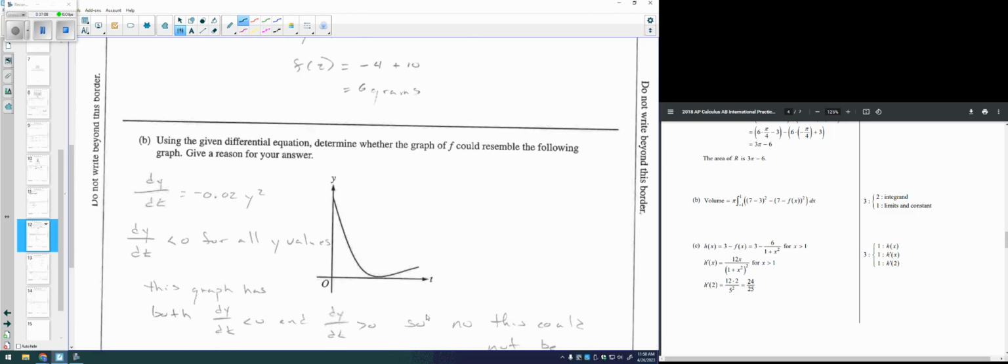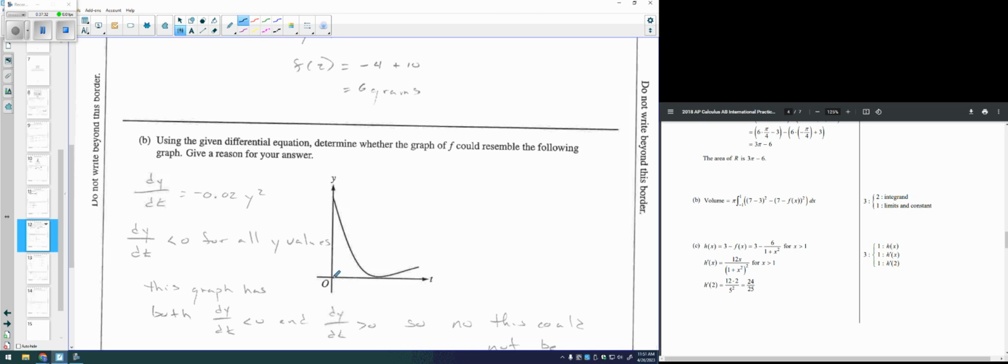Question B. Using a differential equation, determine whether the graph given could be a graph for f. So looking at this right here, y squared will always be positive, which means this function will always be negative. So my slope will always be negative for all values of y.